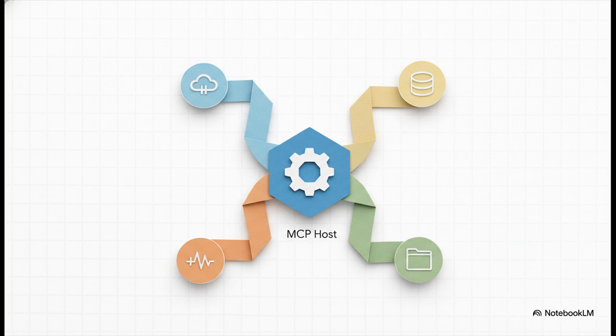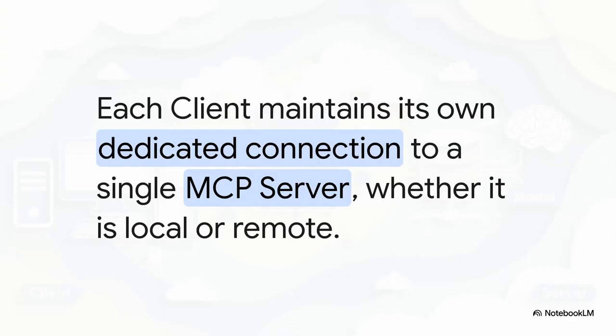You need to connect to 4 different things? You get 4 different clients, each one ready for its specific mission. And finally, each one of those clients makes its own private one-to-one connection to its specific server. It doesn't matter if that server is local or remote. What you're left with is this beautiful pattern that is incredibly consistent, clean, and just super organized.